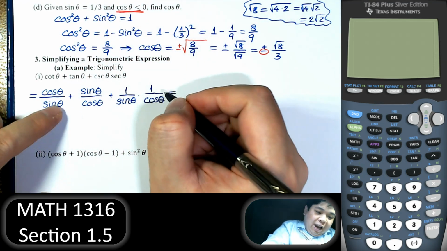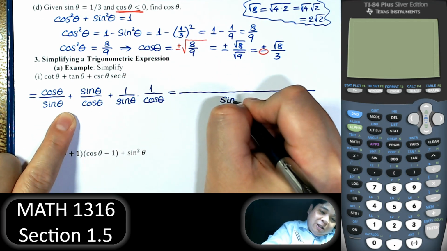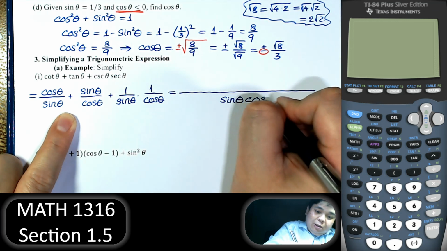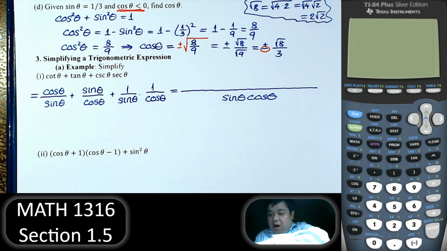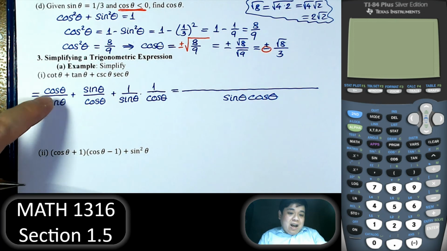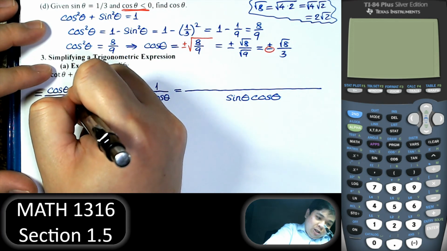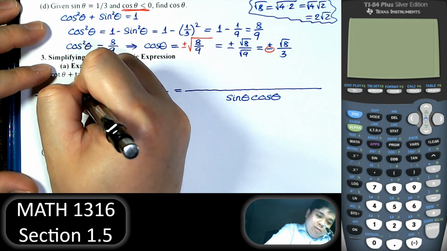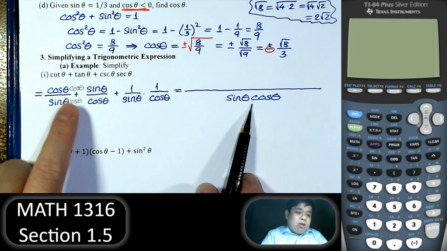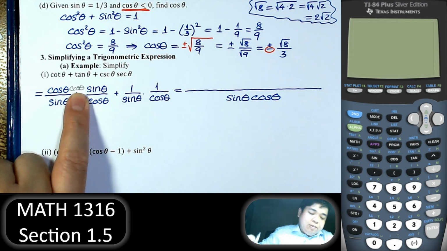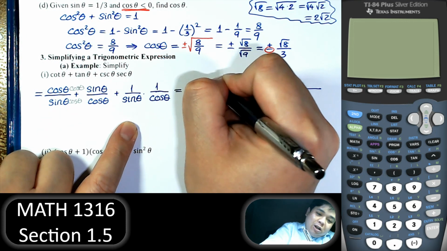Now, common denominator of sine and cosine. So sine, cosine is a common denominator. We try to get sine, cosine at the bottom. This one has sine already. It will multiply a cosine to it, top and bottom. So in that case, we have sine, cosine at the bottom. So the top: cosine square plus, cosine times cosine is cosine square.